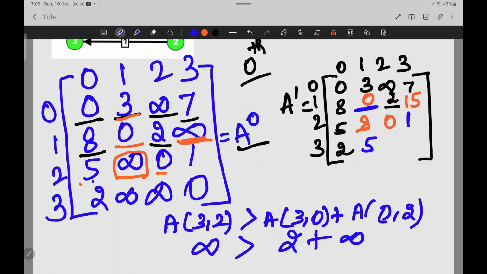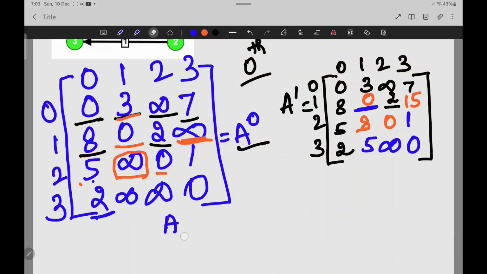So here also we are having the infinity. So this will be replaced with the same old value. And then 0, definitely 0 plus 3 comma 0. So 3 comma 0 here you are getting 2. So definitely that value will be maximum. So we can have the old value 0. That value will be the same. The previous value will be the same.